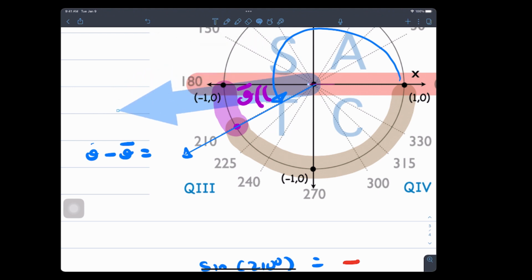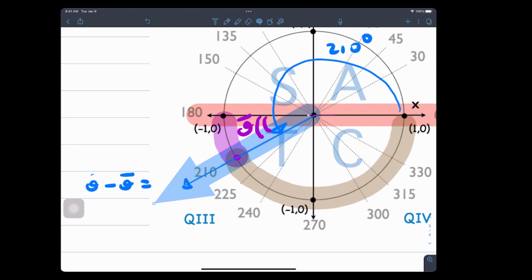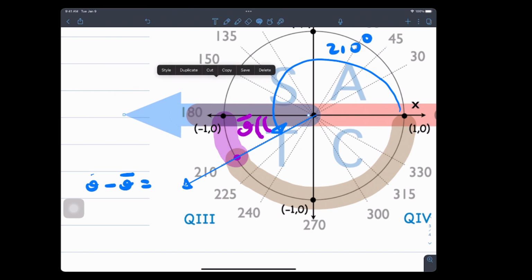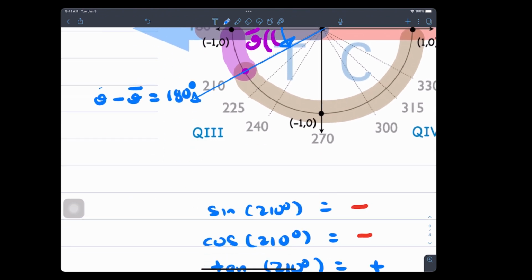Here's the deal. We rotated already from the start. I'm here. But I back up and I subtract that reference in purple. What does that angle measure? Thank you. Isn't that a straight line? Yes. So how do you get the reference then, ladies and gentlemen?